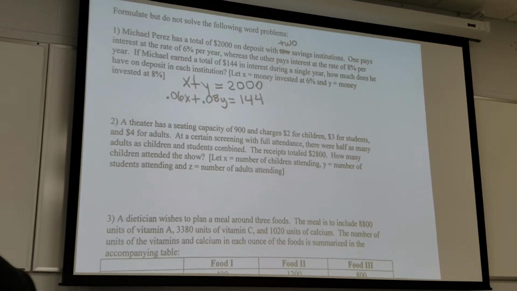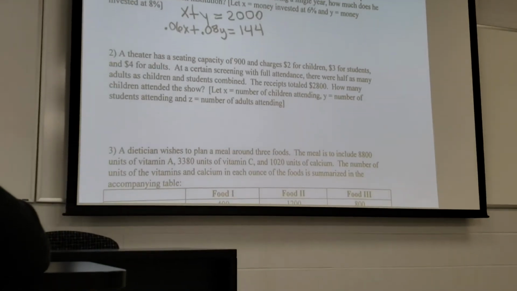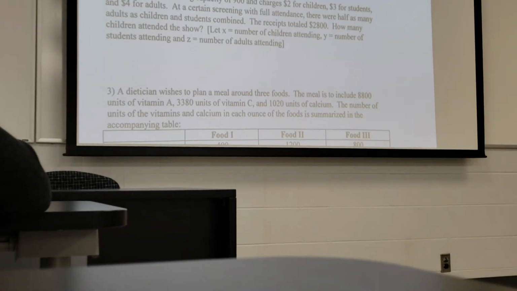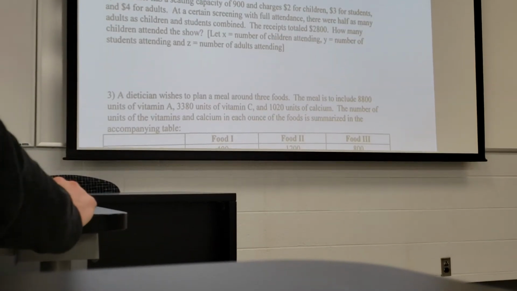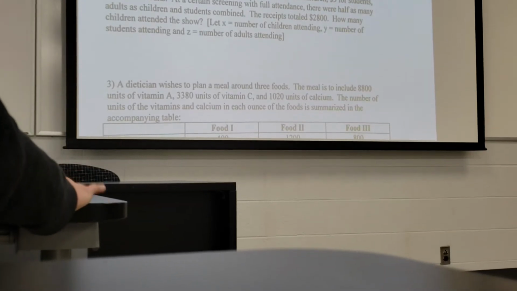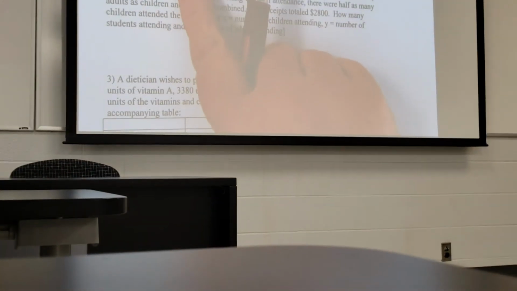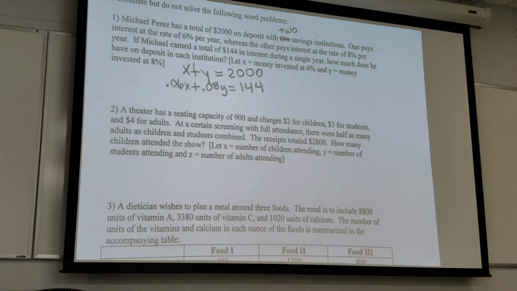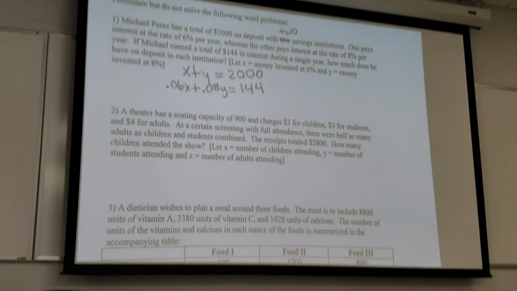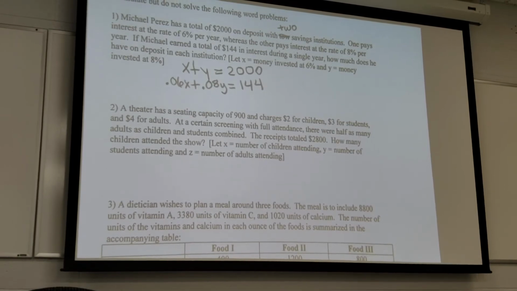I know that if I break it up, I've got x plus y equal to 2,000. I know that when I find x and y and add them together, they have to equal 2,000. And when I do the sum at 6% and the sum at 8% and add that group together, it will equal 144.